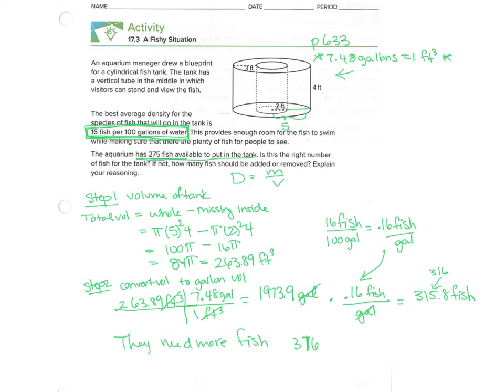So 316 minus 275 means that they would need approximately, give or take, 41 more fish for this tank. This tank's density is that it can fit about 0.16 fish per gallon, so I can add some more fish for my total number of fish in this display. Kind of an interesting problem.